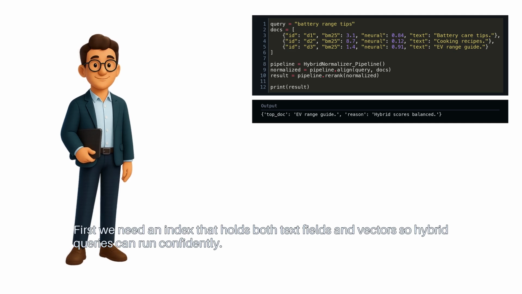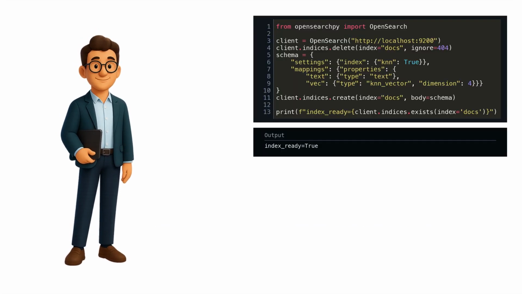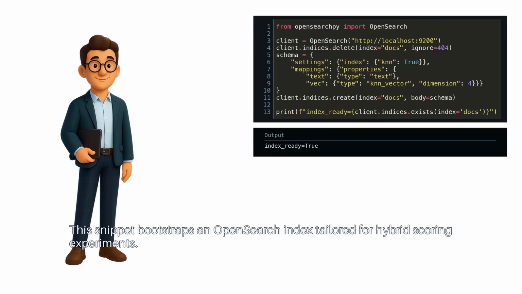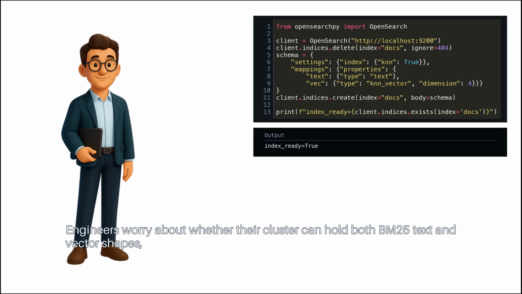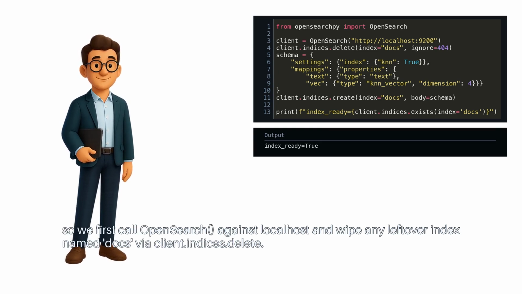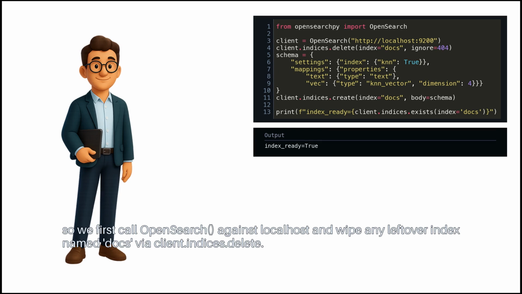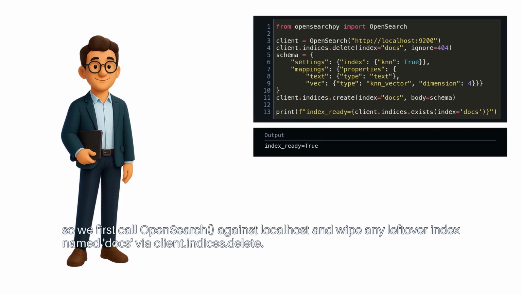First, we need an index that holds both text fields and vectors, so hybrid queries can run confidently. This snippet bootstraps an OpenSearch index tailored for hybrid scoring experiments. Engineers worry about whether their cluster can hold both BM25 text and vector shapes, so we first call OpenSearch against localhost and wipe any leftover index named docs via client.indices.delete.